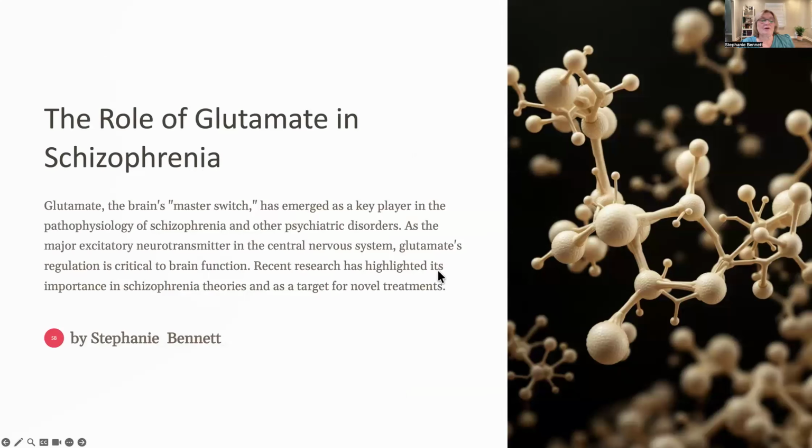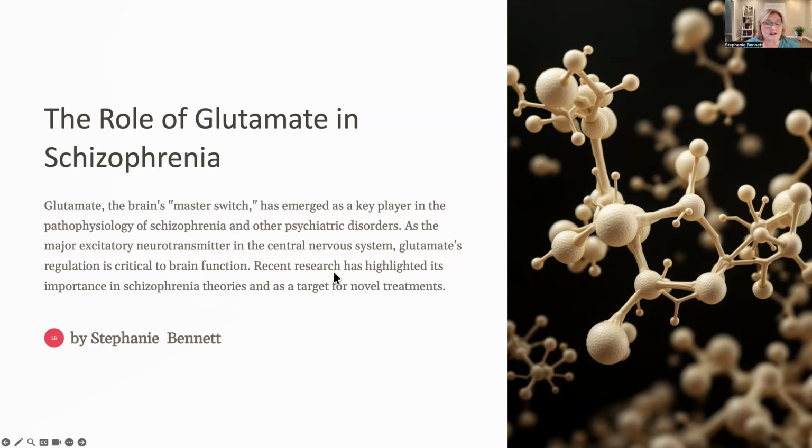I did want to touch briefly on the role of glutamate in schizophrenia. Remember, glutamate is the brain's master switch. We really think it plays a key role in the pathophysiology of schizophrenia and some of the other disorders. It's an excitatory neurotransmitter in the central nervous system, and having it regulated appropriately is critical to good brain function.